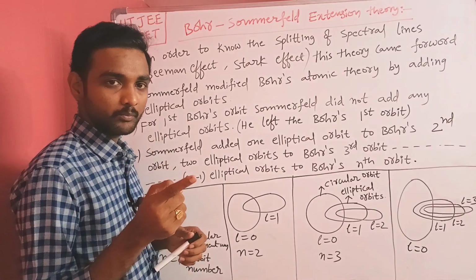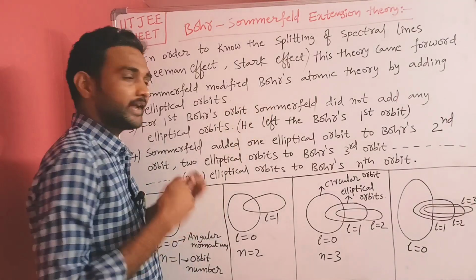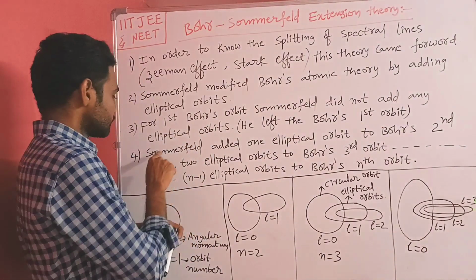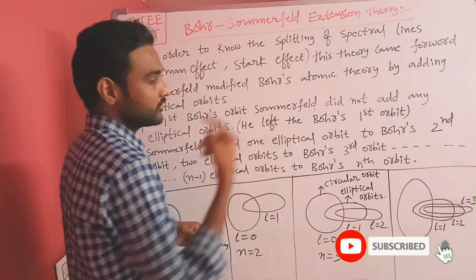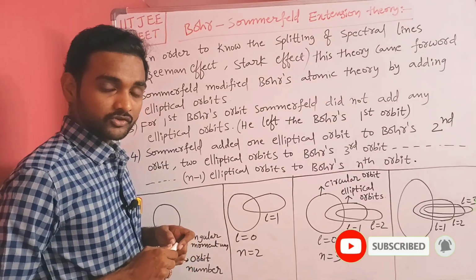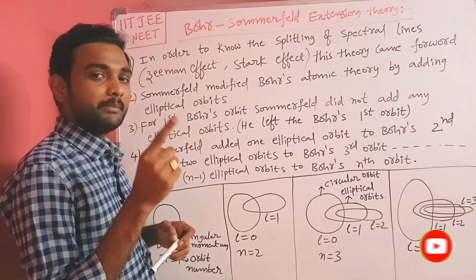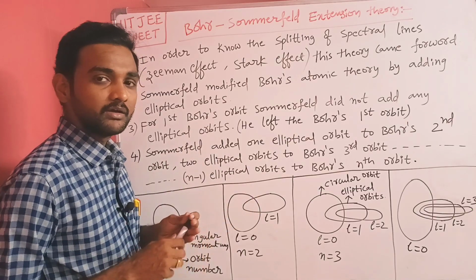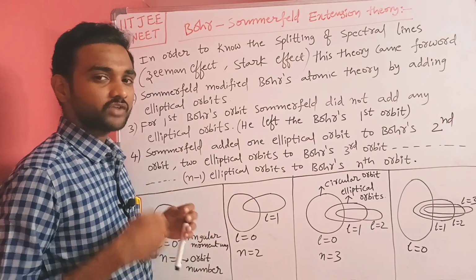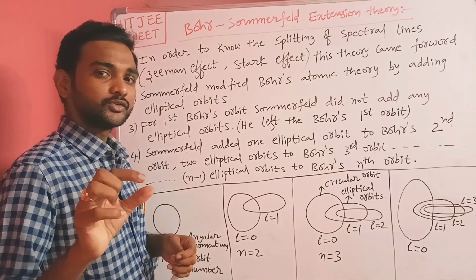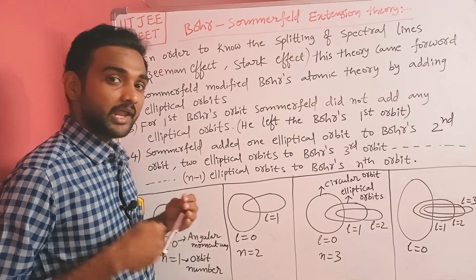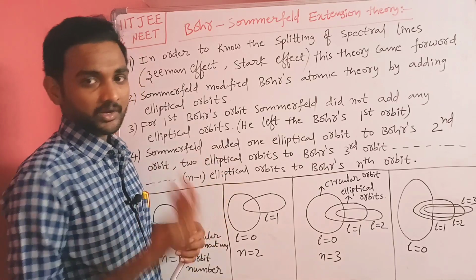Next, Sommerfeld added one elliptical orbit to Bohr's second orbit, and two elliptical orbits to Bohr's third orbit, and so on. Sommerfeld added n-1 elliptical orbits to Bohr's nth orbit.